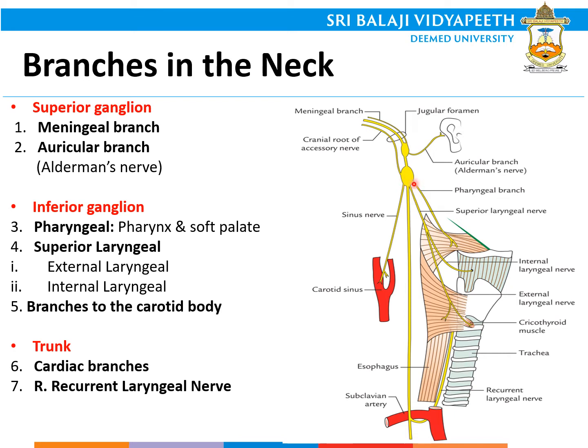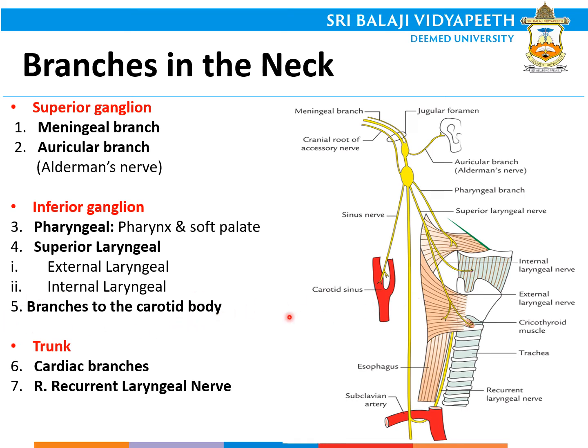Then from the inferior ganglia also arises a nerve which is called the superior laryngeal nerve, and this superior laryngeal nerve divides into an internal laryngeal nerve and an external laryngeal nerve. The external laryngeal nerve supplies the cricothyroid muscle, and the internal laryngeal nerve pierces the thyrohyoid membrane and supplies the mucosal lining of the larynx just above the vocal folds.